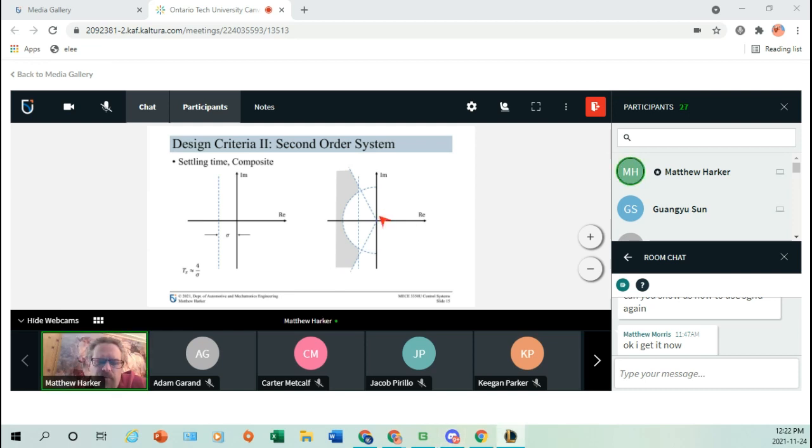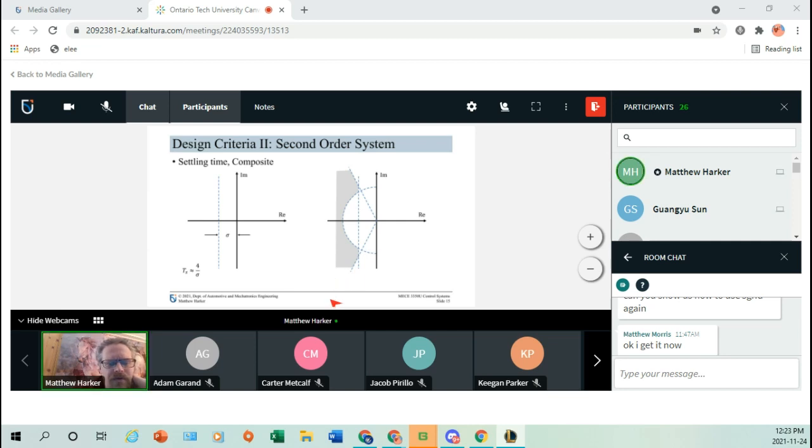So we want some reasonable amount of damping for the system to control that overshoot and things like that, and then the response time. So when we're looking at more specific design, we end up having a composite region. And that'll be really system dependent, what you need to design, what you need to do. Maybe just having a stable system is enough, right?